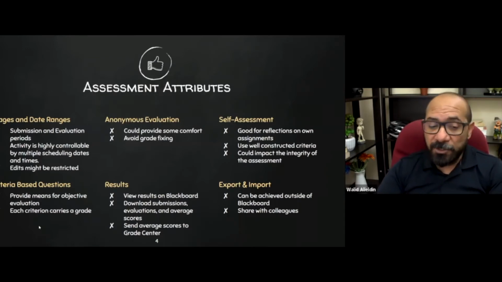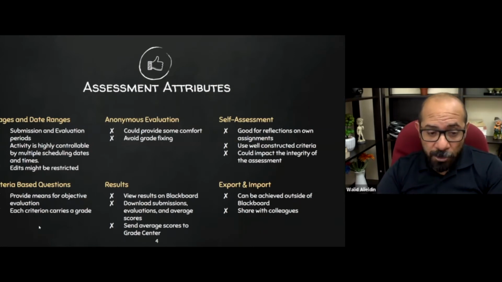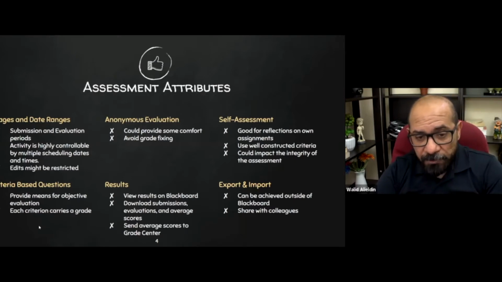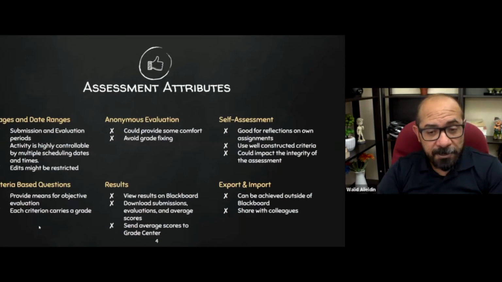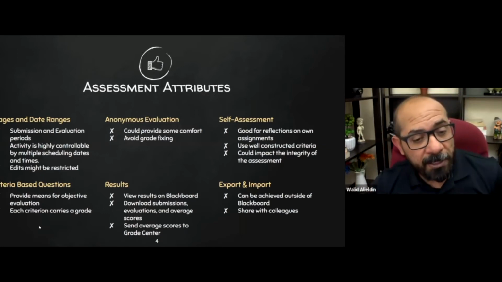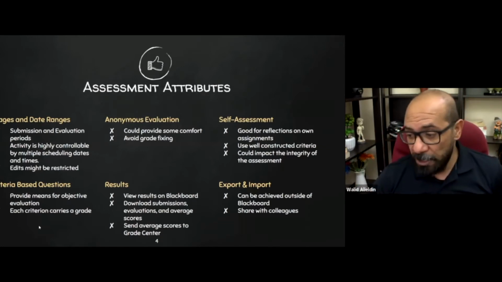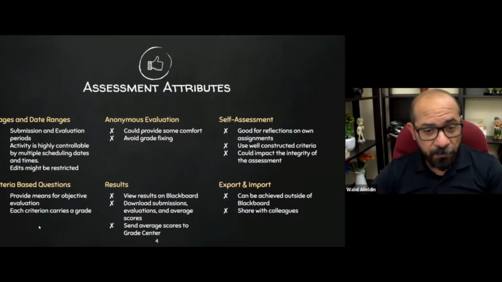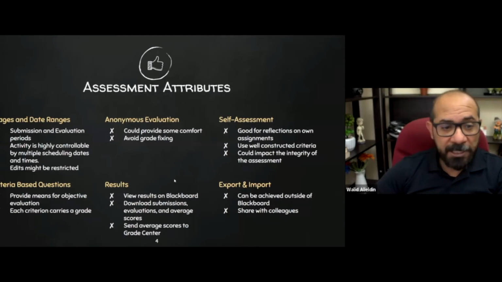And then at the end, you can choose to send the average scores to the grade center or override them. You can also archive the entire assessment outside of Blackboard and share it with other colleagues. So if you create a really nice self and peer assessment assignment, you can export it and share it with your colleagues easily.